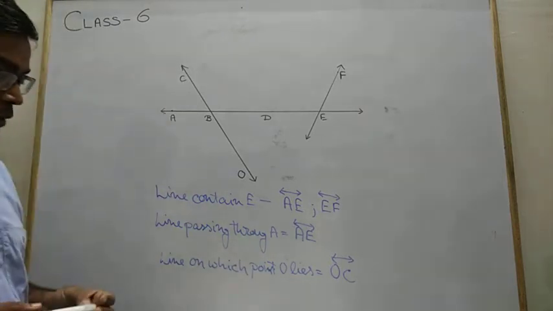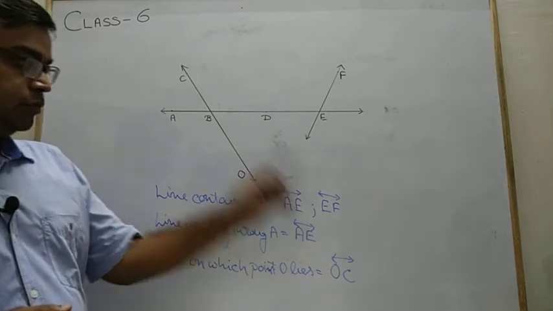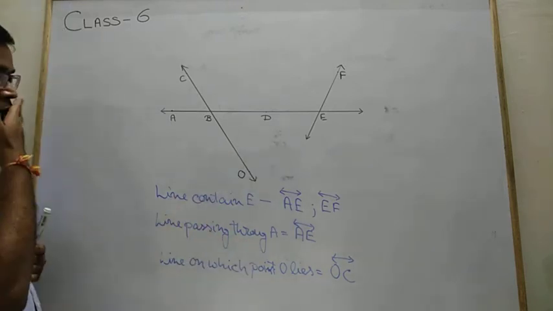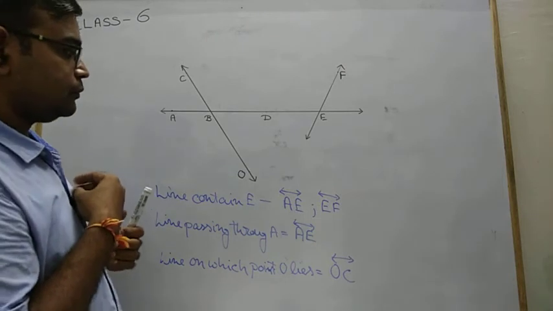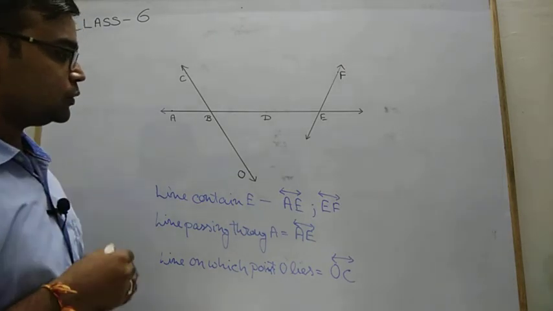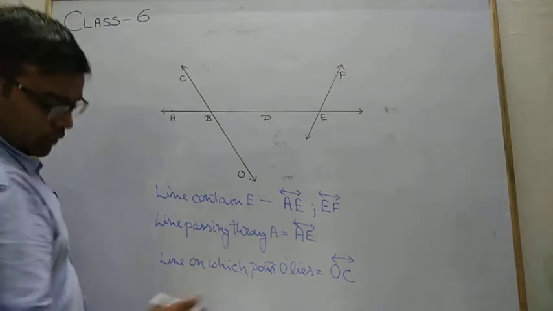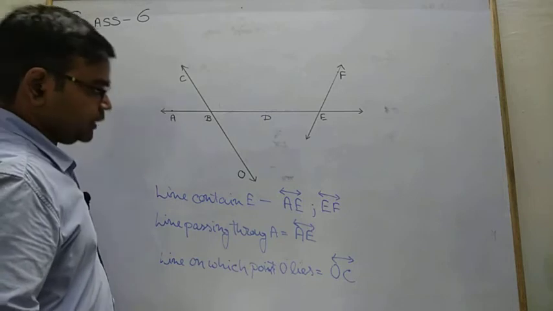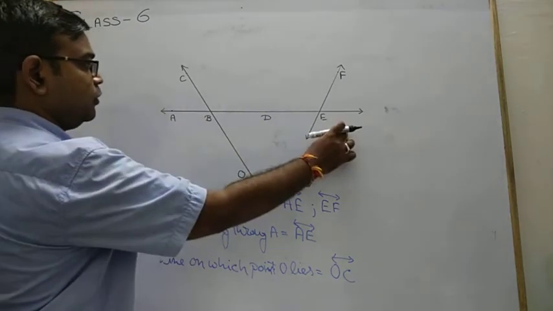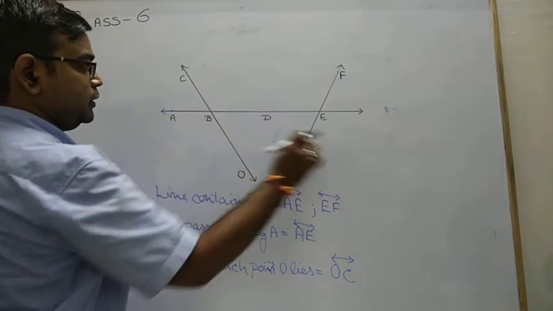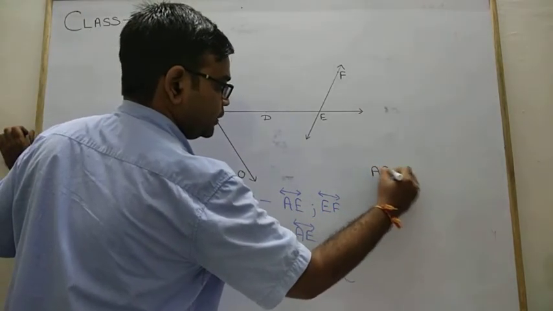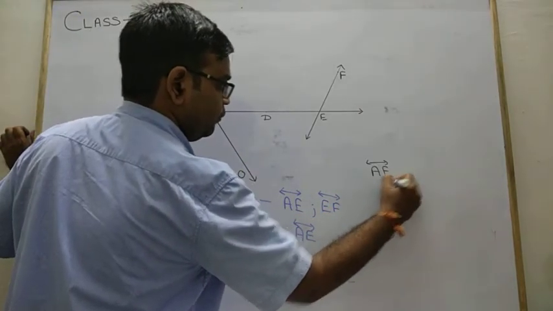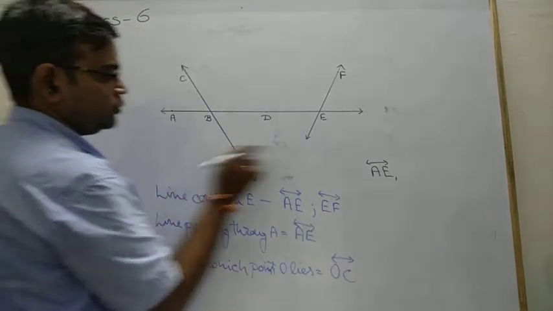Then 2 pairs of intersecting lines. I am using black because the blue ink is gone. So it says 2 pairs of intersecting lines. There is AE common and 2 pairs are there. First is AE, with AE we have OC.